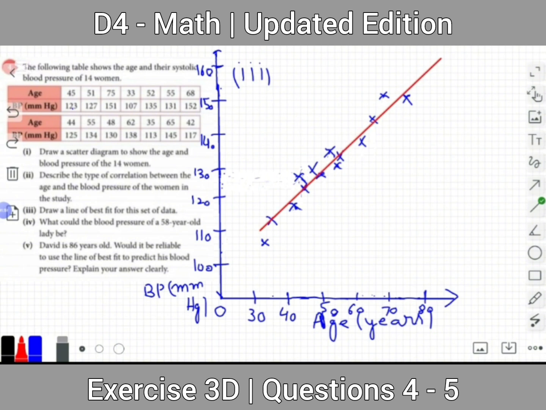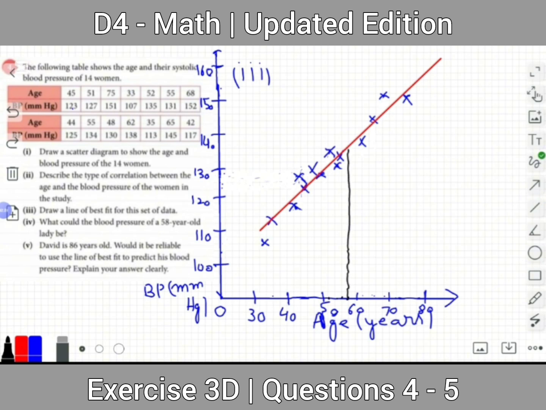Now in part 4, what could the blood pressure of a 58 year old lady be? So from 58, here we have 50, 52, 54, 56, 58. From 58, we will draw a vertical line until it intersects the line of best fit.